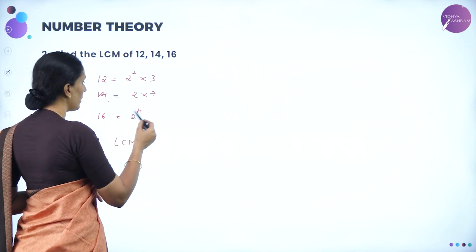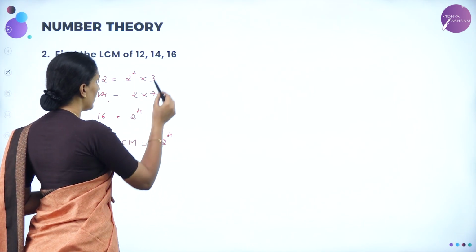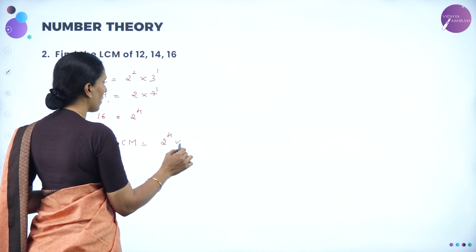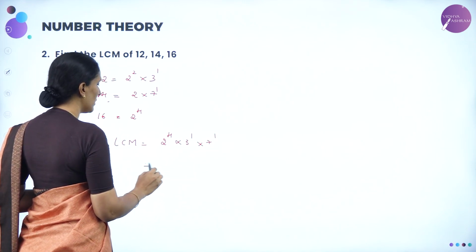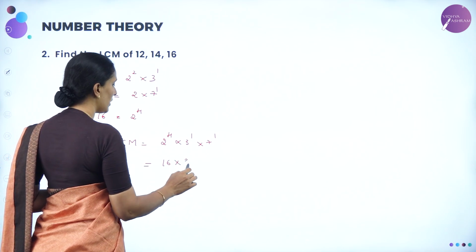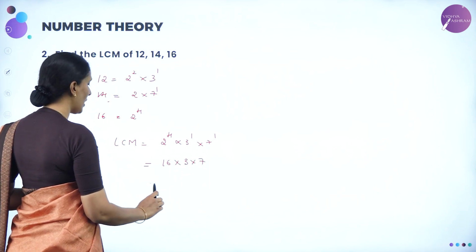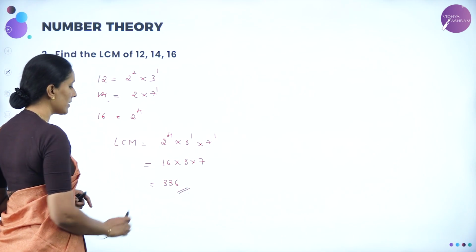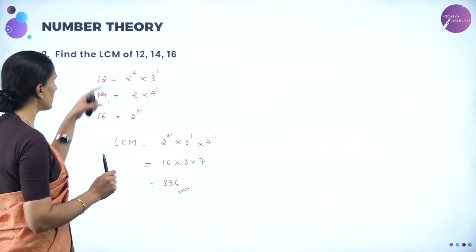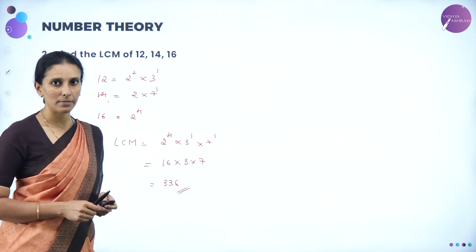So, here we have 2 power 4, next 3 power 1 and then 7 power 1. So, 16 into 3 into 7. So, the value is 336. So, 336 is the least number which is divisible by all the 3 numbers.